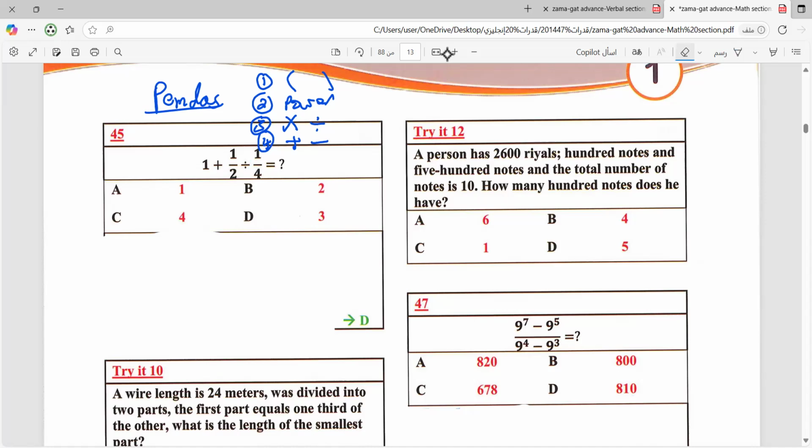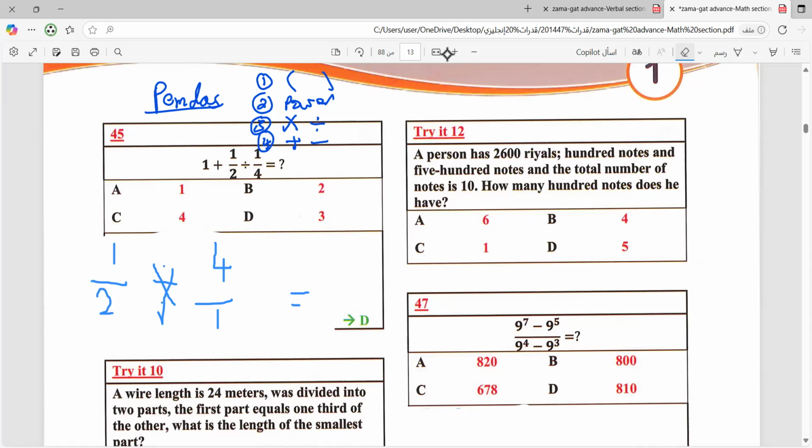So do half divided by 1/4. Which is, I honestly forgot. Should we do the flip? Yeah, flip. If you convert division, you flip the fraction. So I'll make it multiplication and then 4/1.